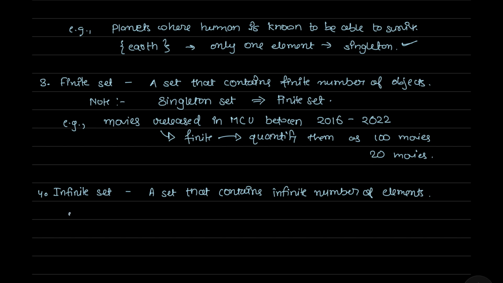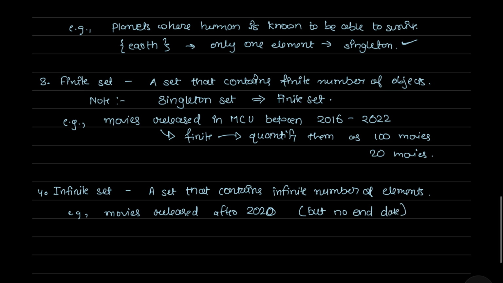One example here could be movies released after 2020. See, I have given one start date but no end date. So I don't know where this ends, and the list of movies at any given point of time can be infinity. It will contain movies like Odyssey, Project Hail Mary.